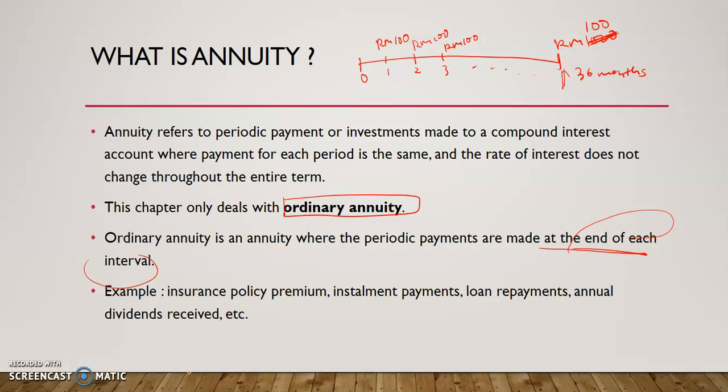And if you make installment payments, so you buy a car and you take a loan with the bank, to settle your loan with the bank you will pay, let's say, RM400 every month. So that is an installment payment. Okay, so that payment with the bank for every period is also the general concept of annuity.